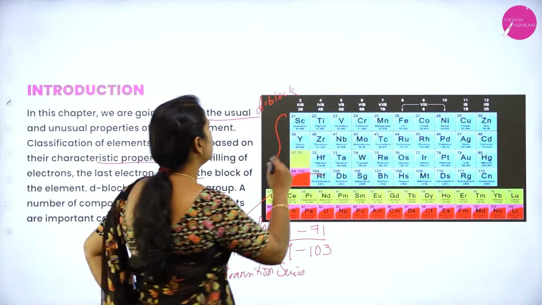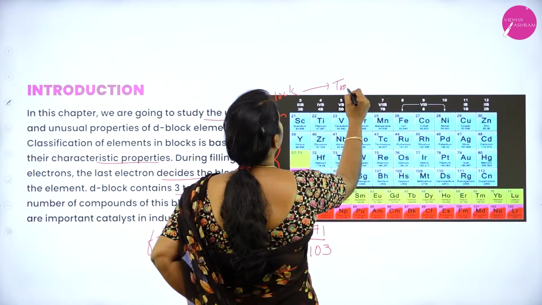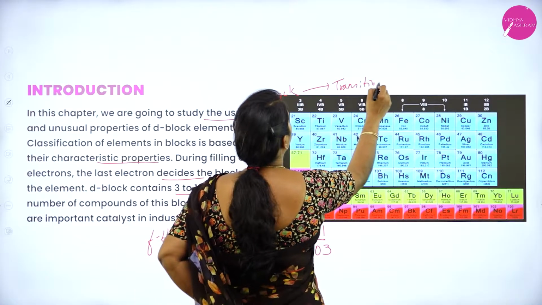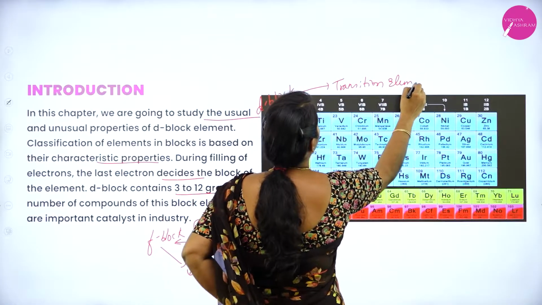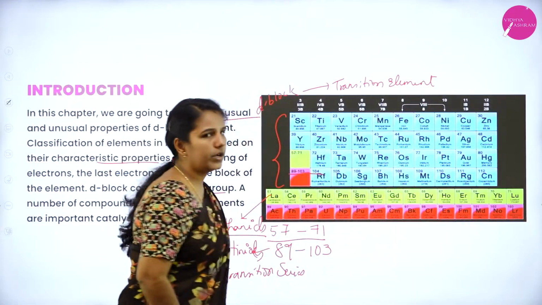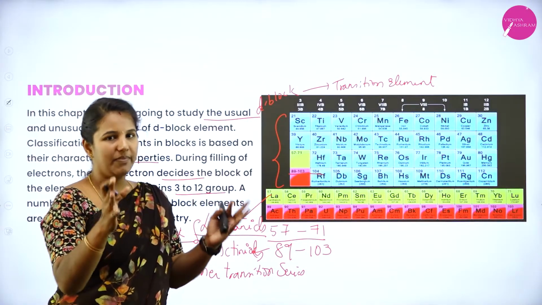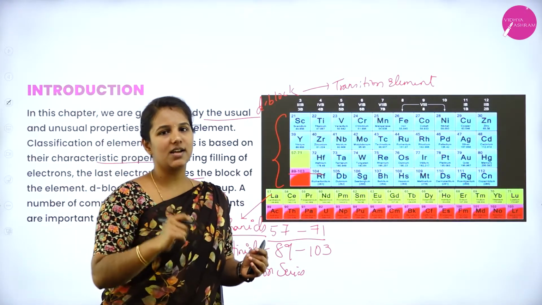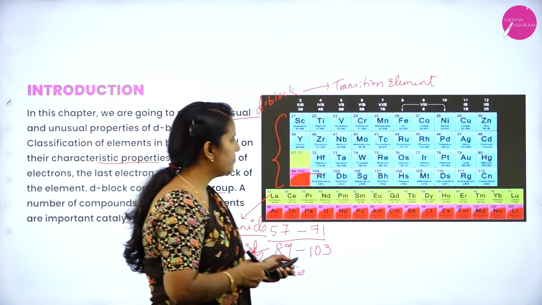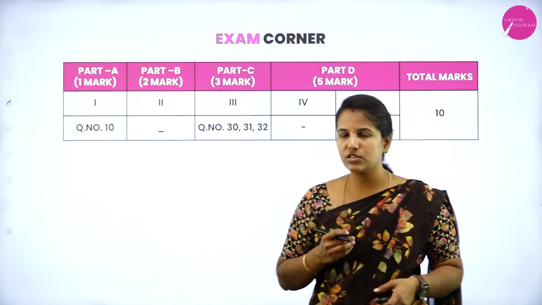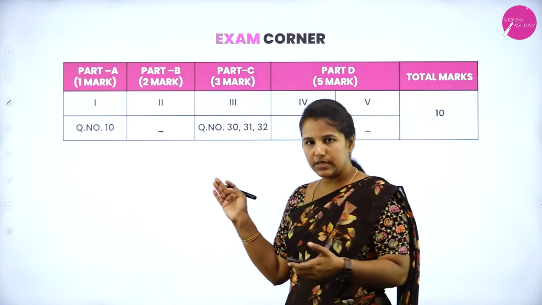But the D blocks are generally known as transition elements. Do you know why they are called transition elements? Because they are placed in between the S and P block, hence they are called transition elements.